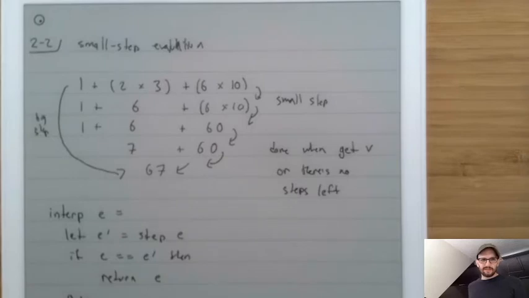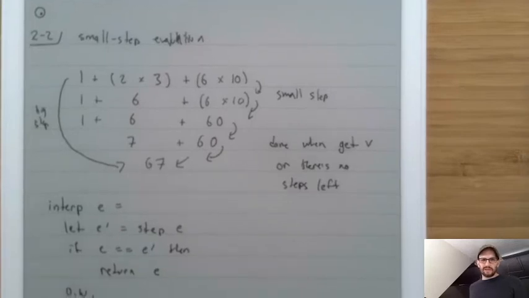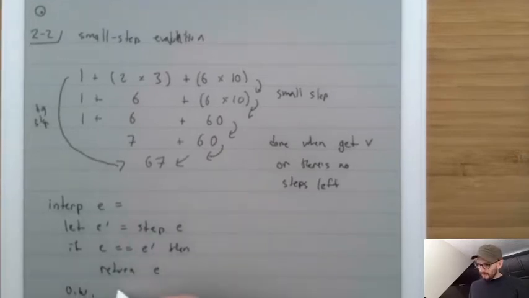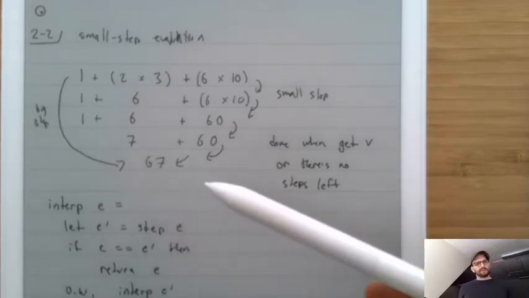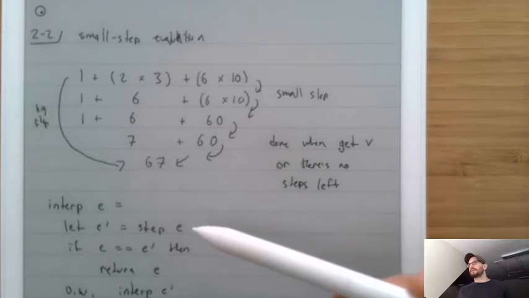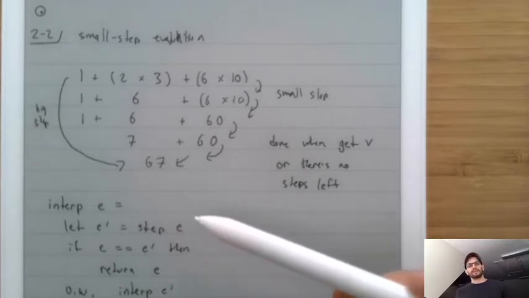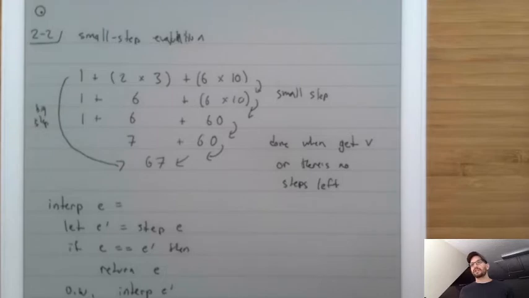Otherwise, call interp on e prime. This big step interpreter is built out of a simpler small step interpreter that shows us each step, each intermediate step along the way.